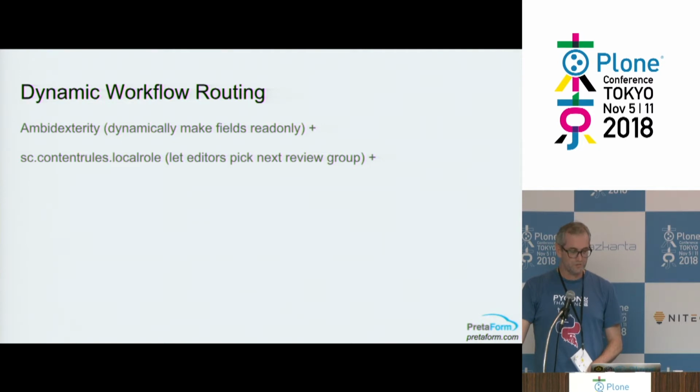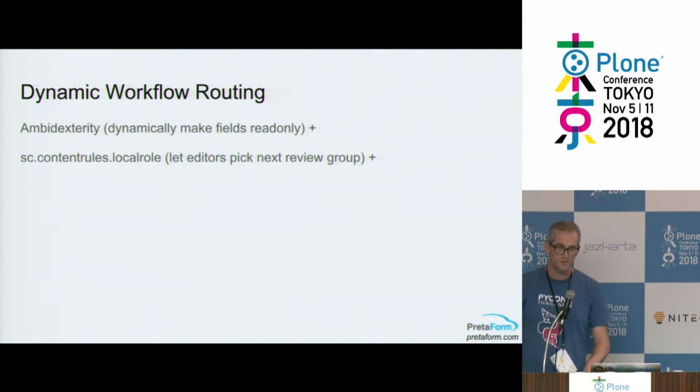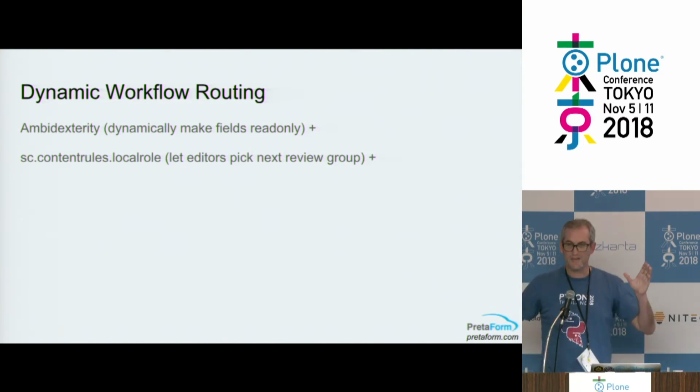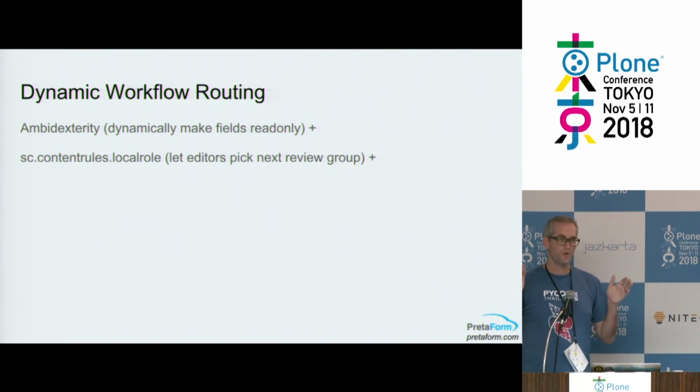We're changing content rules, local roles. The plan is to have a workflow where you can pick who should be the next reviewer, so you can say these are the people who should be in the review step in the DC workflow, and you can do that in the form.